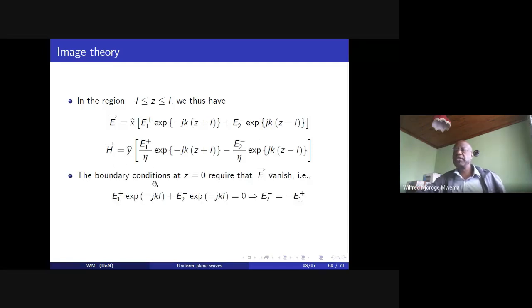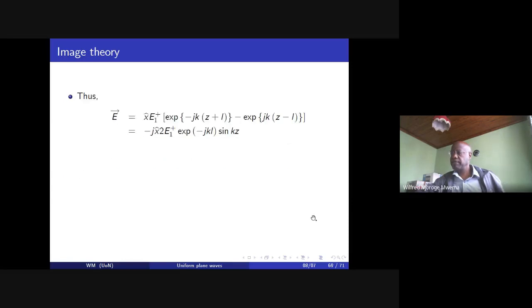So boundary conditions at Z equal to 0 require that the field E vanish, that it must go to 0, and therefore it only means that E1 plus exponent of minus JKL plus E2 minus exponent of minus JKL must be equal to 0, or in other words, E2 minus must be equal to the negative of E1 plus.